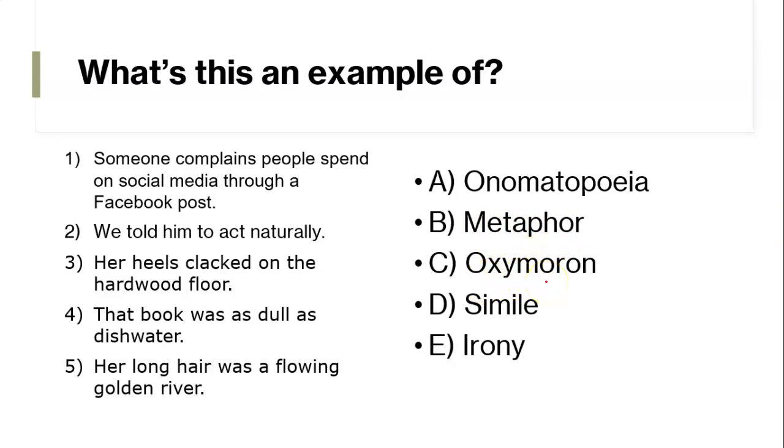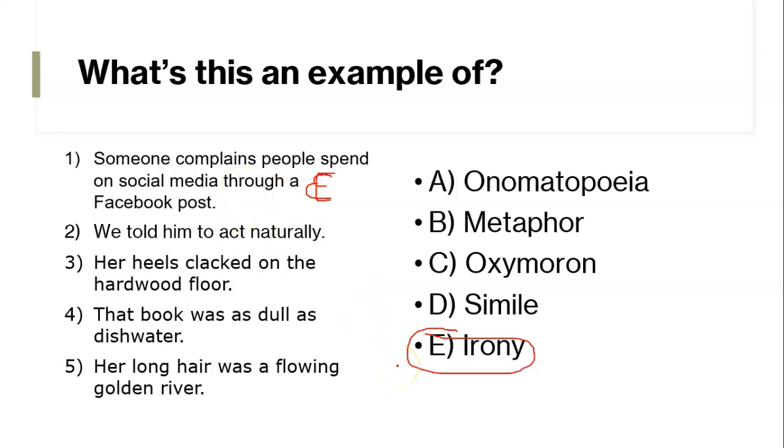Oxymoron is 2 words next to each other that have opposite meanings. Simile is comparing 2 things using like or as. Irony is like the opposite of what we would expect. So, irony is going to be number 1.